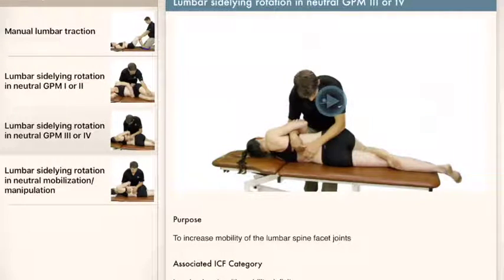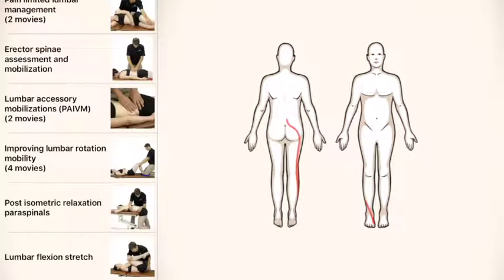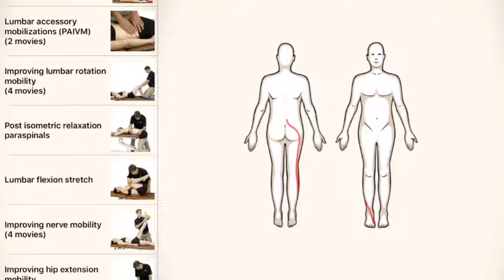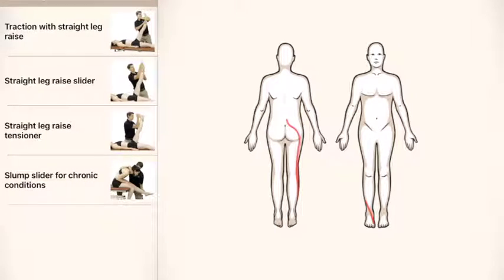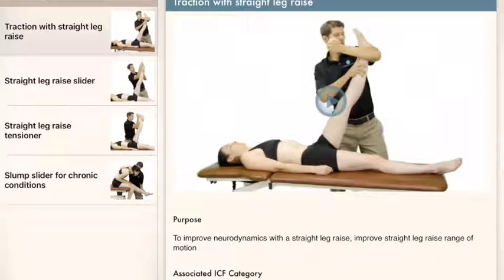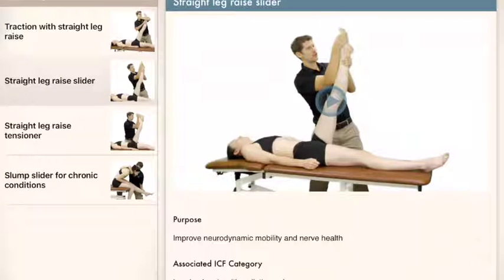You're basically reducing entrapment. And ultimately, because this is a nerve problem, we need to improve the nerve sensitivity and mobility. You might start with some very light traction with straight leg raise, right? Applying a traction force while you're doing the straight leg raise. Or typically we will start with straight leg raise slider type movements, right?